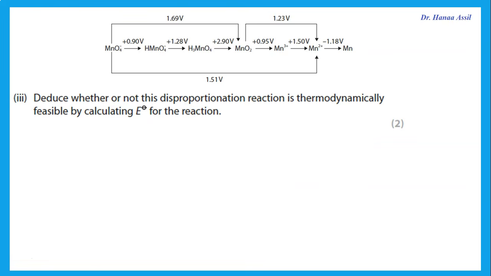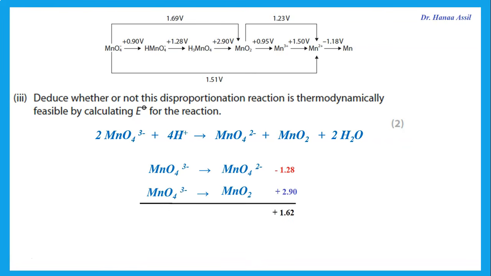Deduce whether or not this disproportionation reaction is thermodynamically feasible by calculating the E naught. So we already have the E cells given from MnO4 3 minus to MnO4 2 minus. We're giving that it is minus 1.28.